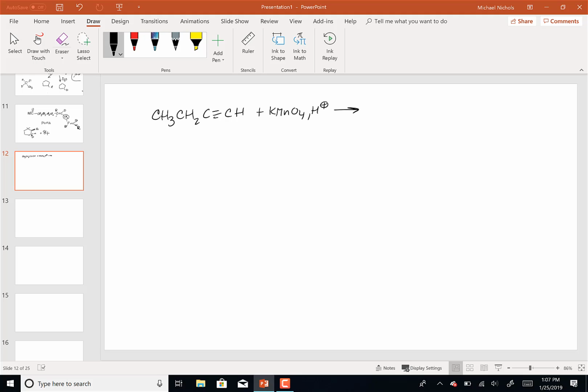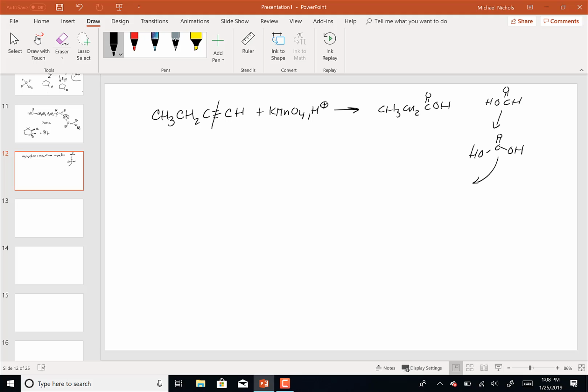So we're going to cleave the triple bond, and then we're going to form the carboxylic acid on one side, and then this is a terminal alkyne, so we're going to form the carboxylic acid on the other side, except that carboxylic acid is going to be further oxidized by the KMnO4 to form carbonic acid.